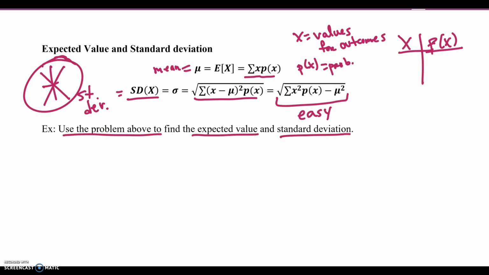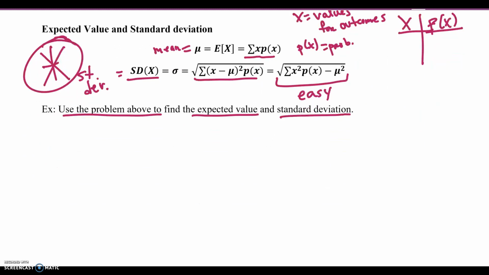From the previous problem, we said that our probability distribution was something like this. $10 was 2 out of 6, negative 15 was 1 out of 6, and $0 when it was 3 out of 6. Now we already did the expected value.